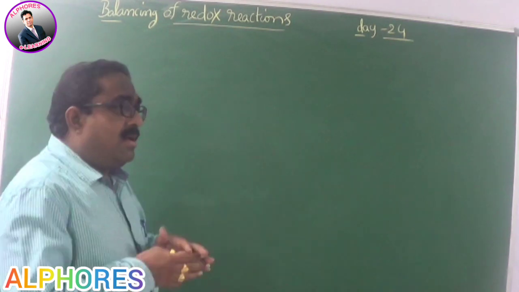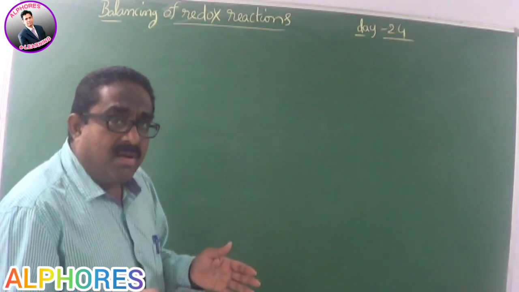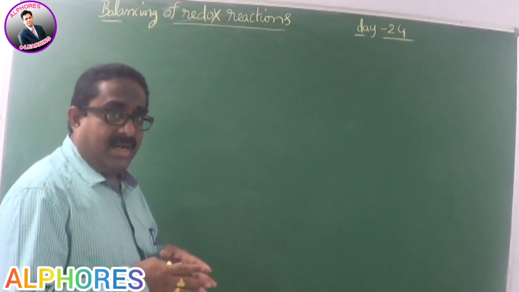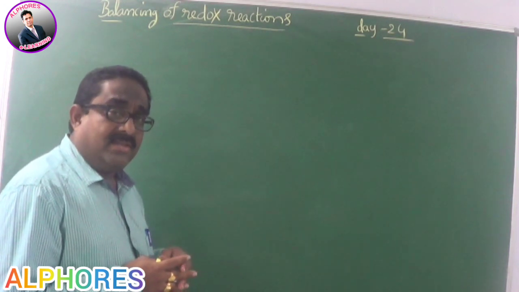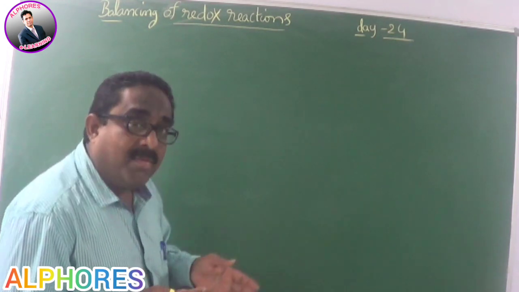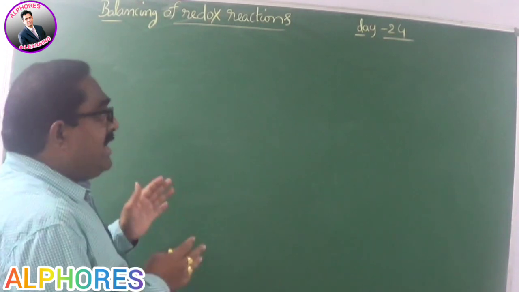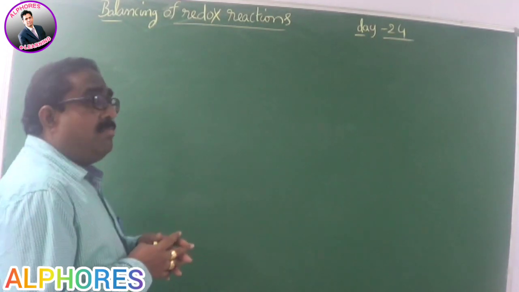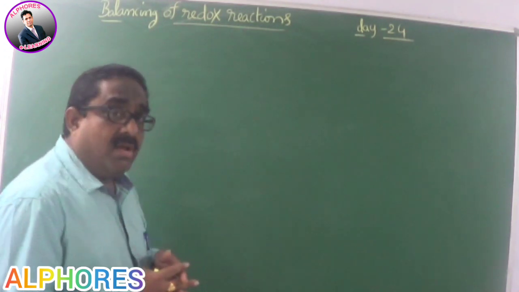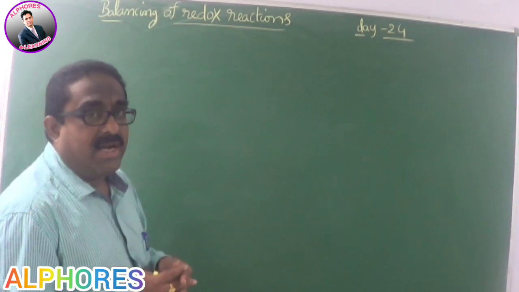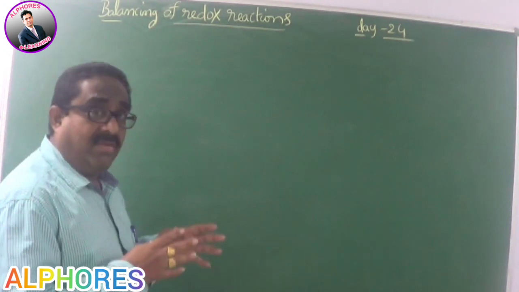The remaining everything is the same as what we learned in yesterday's session, that is balancing in acidic medium by using the ion-electron method. So the only difference between these 2 media is the balance of hydrogen atoms. The remaining all is the same.